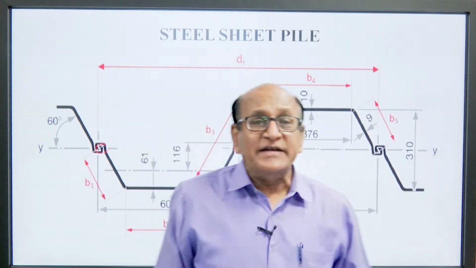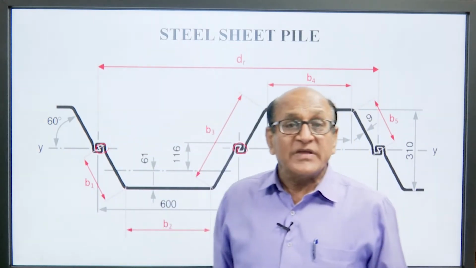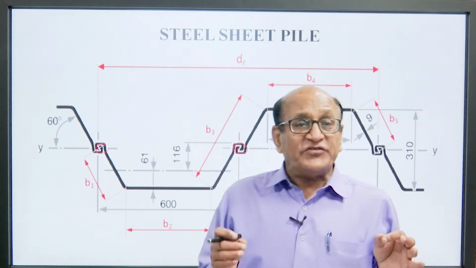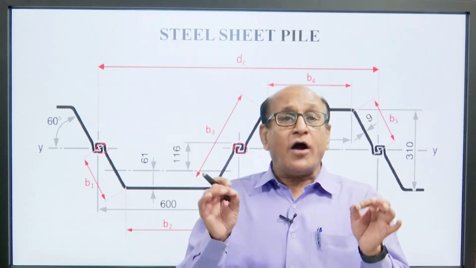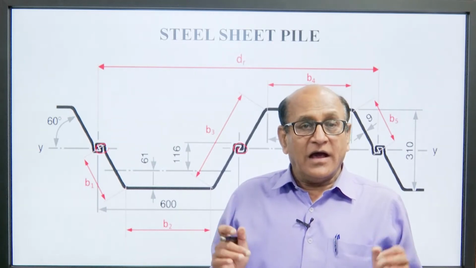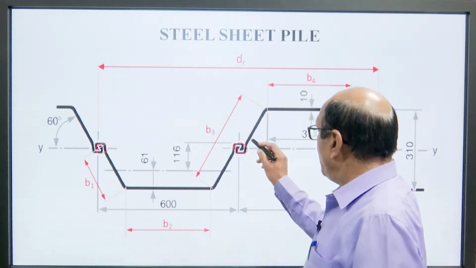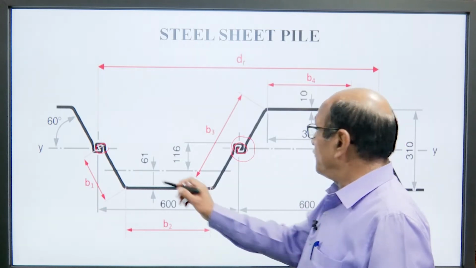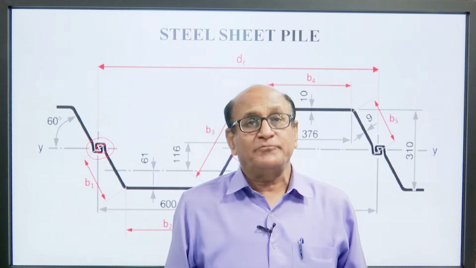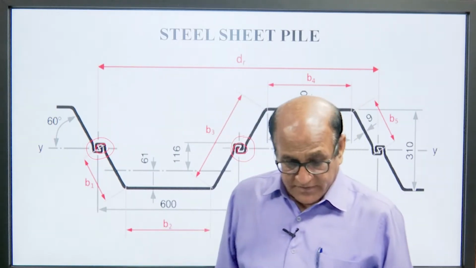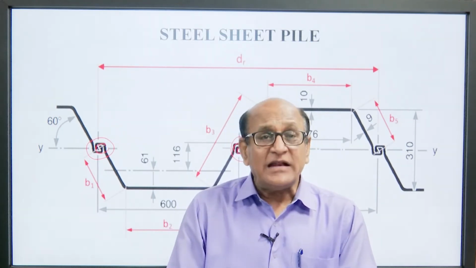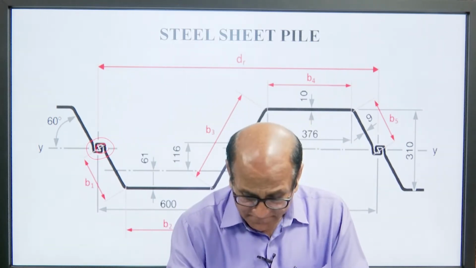So, this is a detailed specification of a steel sheet pile. The main thing of this sheet pile is fixing two sheet piles together, and for this purpose we can easily see how this one and this one will attach to each other. This is a detailed drawing of a typical steel sheet pile.